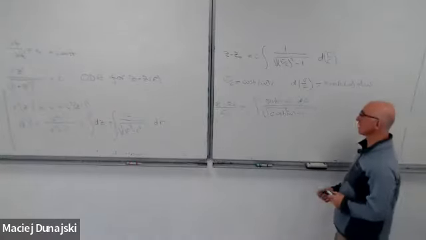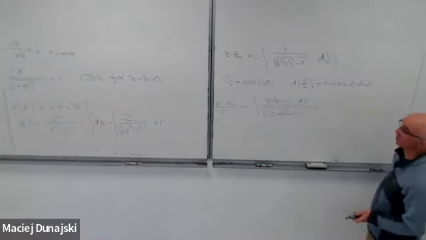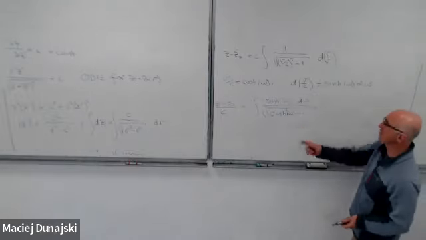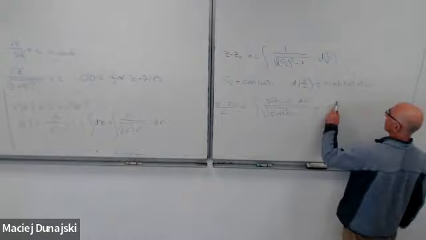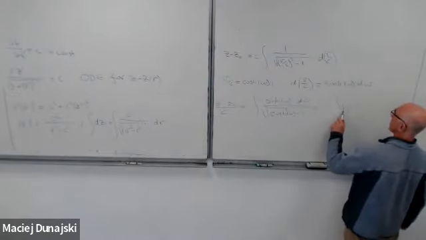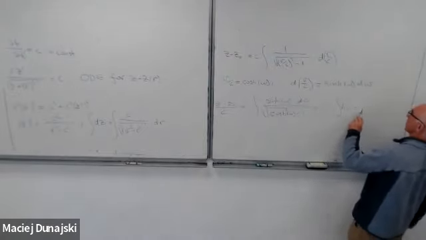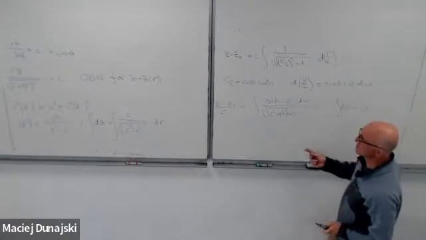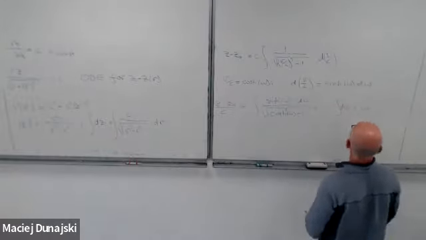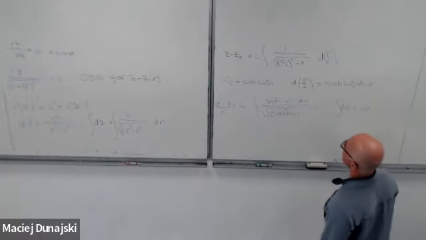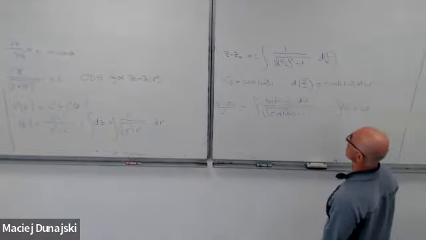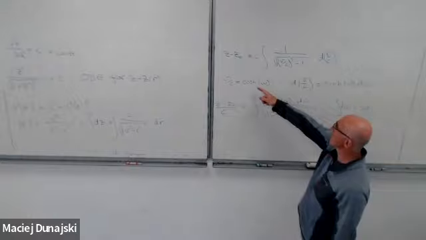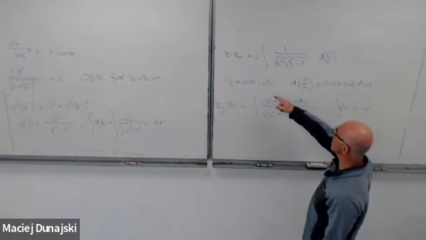Cosh squared W minus 1 happens to be sinh squared W. So I take a positive square root, and this sinh W cancels. So this is just W. And I don't need to worry about the constant of integration because it's already there in Z0. But W I've defined to be cosh inverse of this.